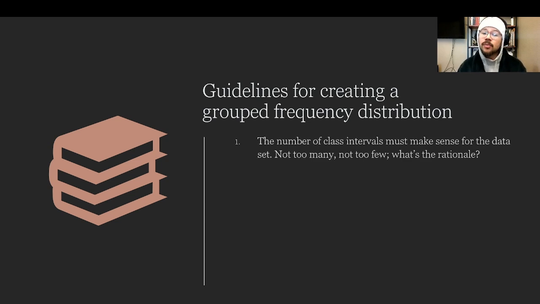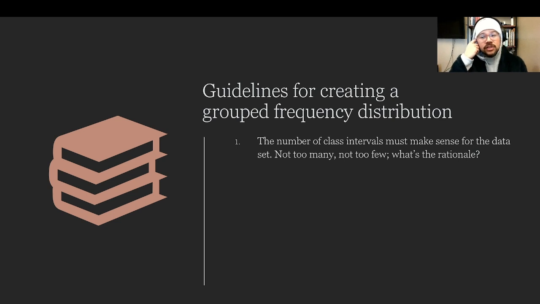So, firstly, the number of class intervals must make sense for the data set. You don't want too many groupings, and you also don't want too few. Okay. So, for example, if I'm collecting data on people between the ages of 16 and 54, I don't only want two class intervals, right? It may not necessarily make sense for me to have everyone from age 16 to like 32 in one category and from 33 to 54 in the other category.